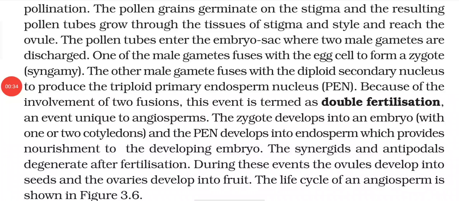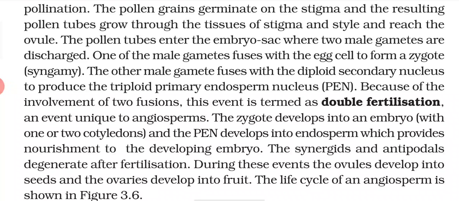When these pollen grains germinate on the stigma, they produce a pollen tube, and this pollen tube grows through the tissues of the stigma and style and reaches the ovary. The pollen tube enters the embryo sac where two male gametes are discharged. So the pollen tube carries the two male gametes and transfers them to the ovule.